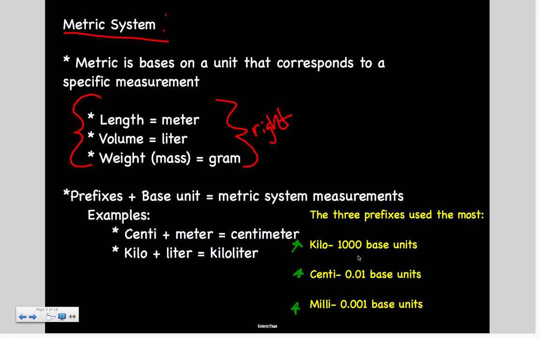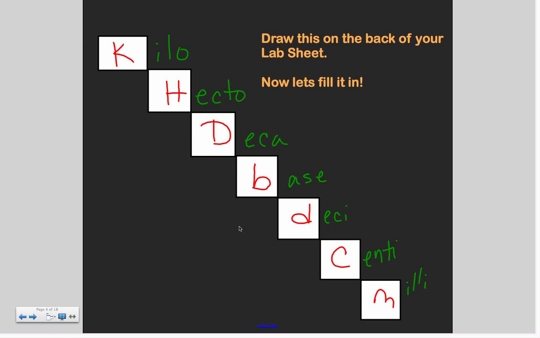If 1 is a base unit of a meter, a kilo would be 1,000 meters. And centi is 0.01 of its base unit. Because I moved down one from the base, a deci would be 0.1 base unit. Centi is 0.01 base unit.